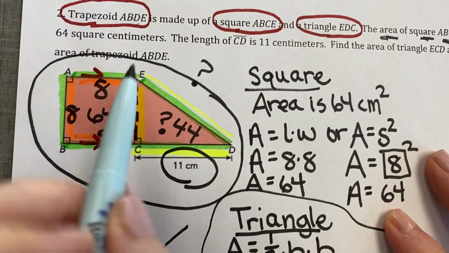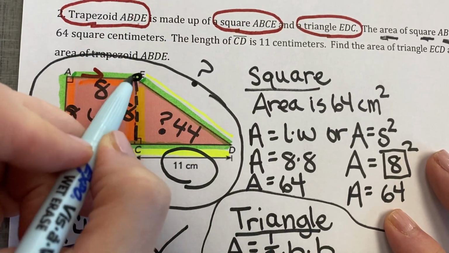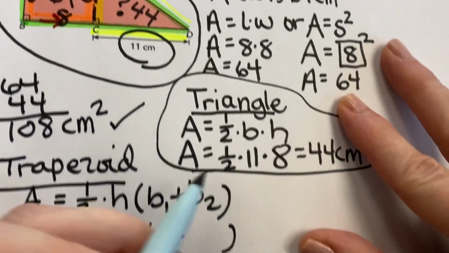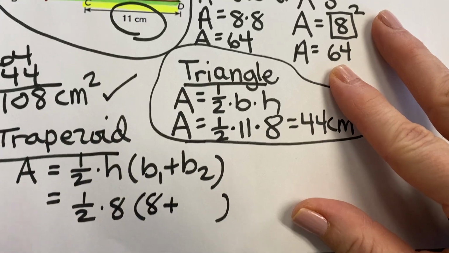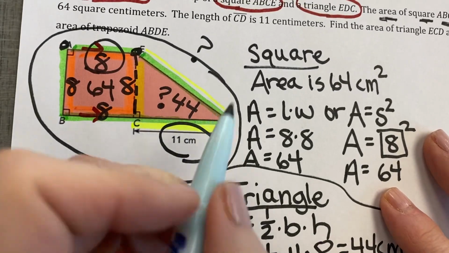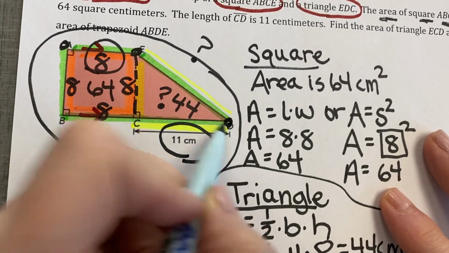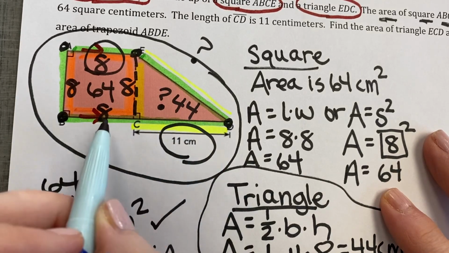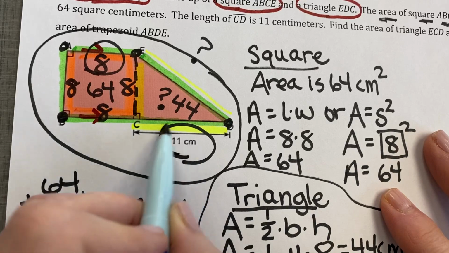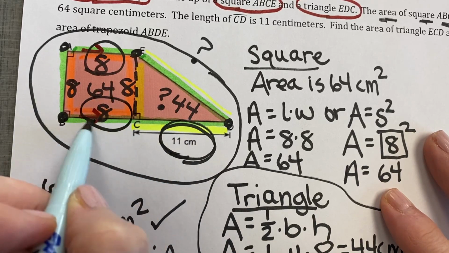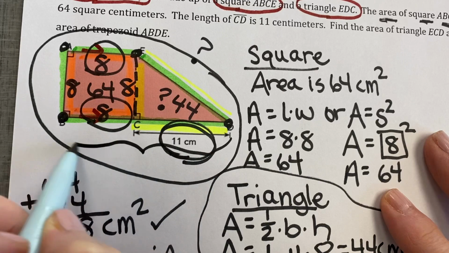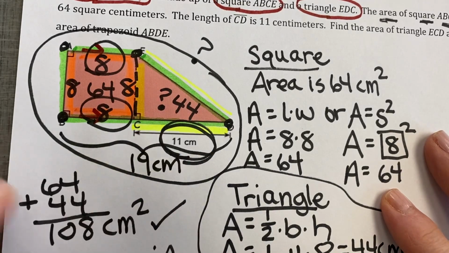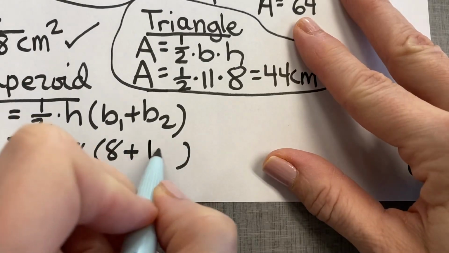Well, one of the bases is from here to here, and that's 8. So I'll put that down here, 8. And then the other base goes from here to here. Now we don't really have it, but we can get it. Because if we take 11 plus 8, that'll give us the whole kit and caboodle. So 11 plus 8 is 19 centimeters. So that could be my base 2.